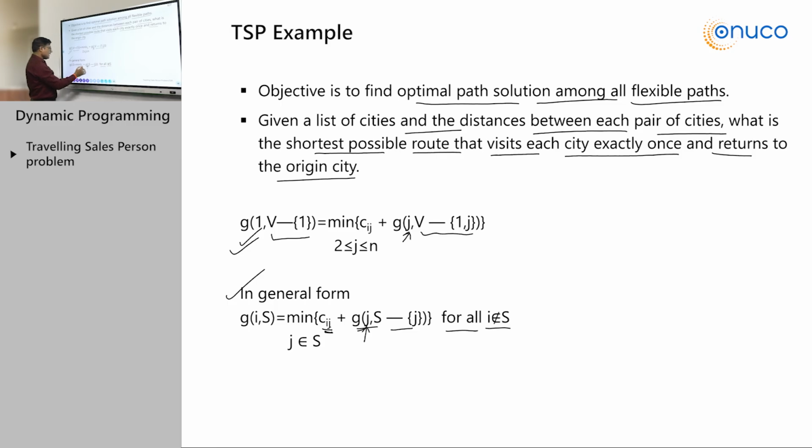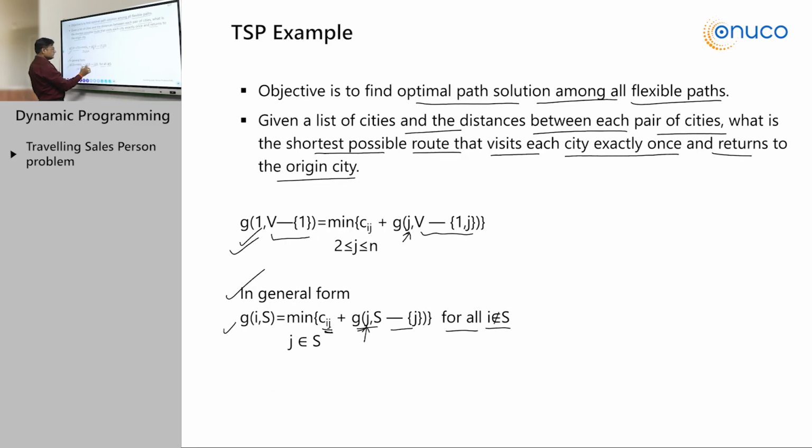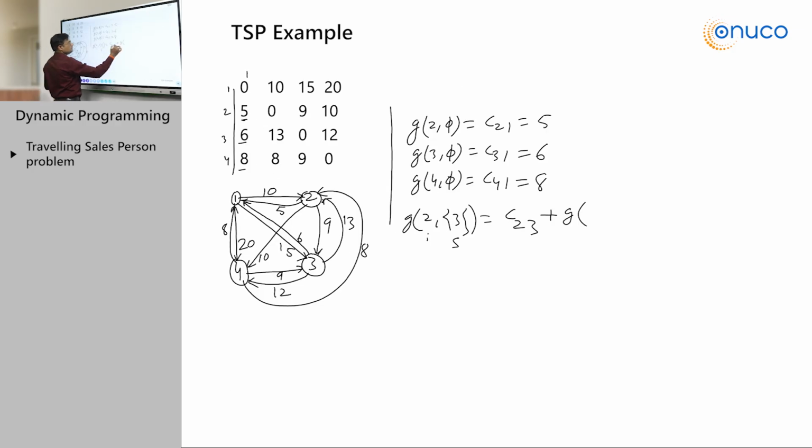So let us implement this formula. G of 2, {3}. Here this is I, this is S, right? We are going to write C of I, J, which is C of 2, 3, plus G of J, which means 3 will come first.